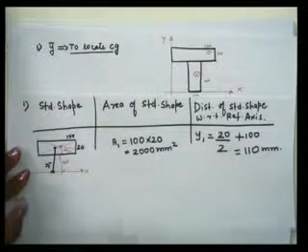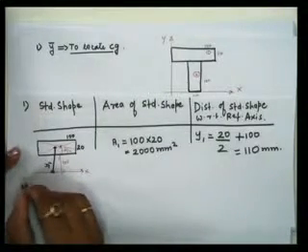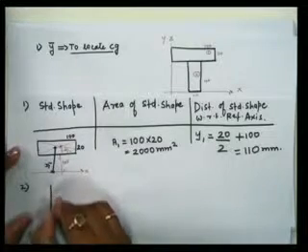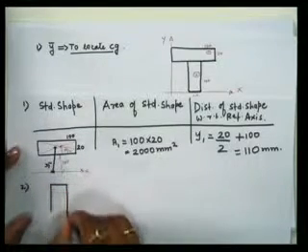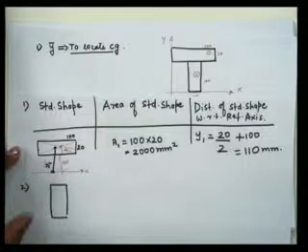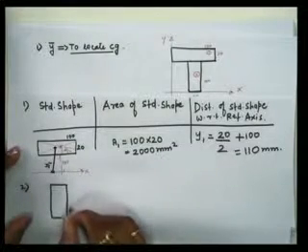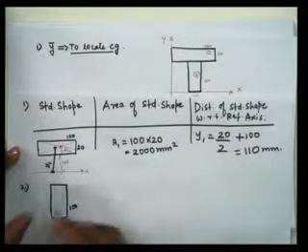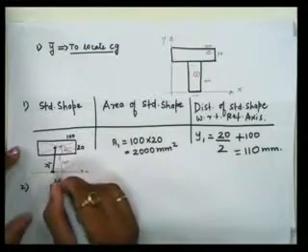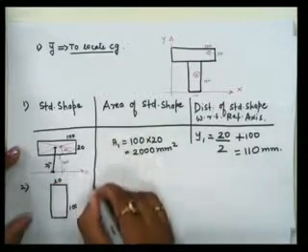Okay, then we come to the second. So second is a vertical rectangle, right? And what are the dimensions of the vertical rectangle they have given? This is 100 and this is 20. Okay, so what will be the area?